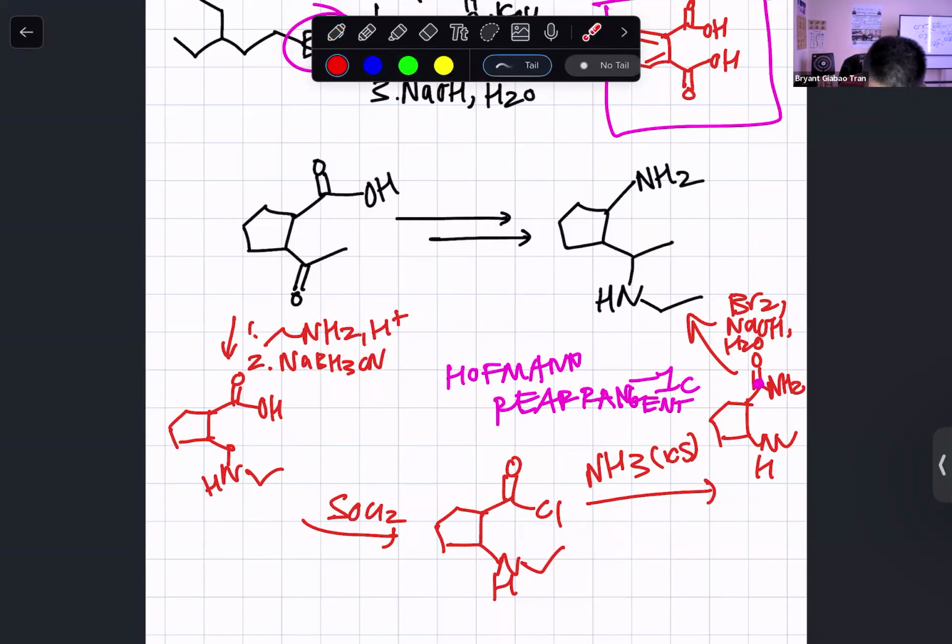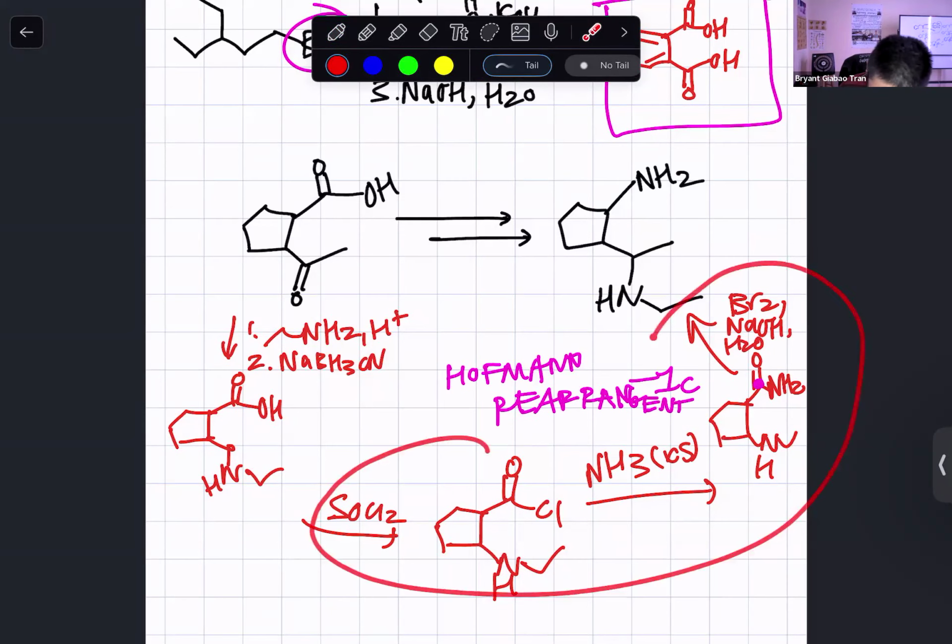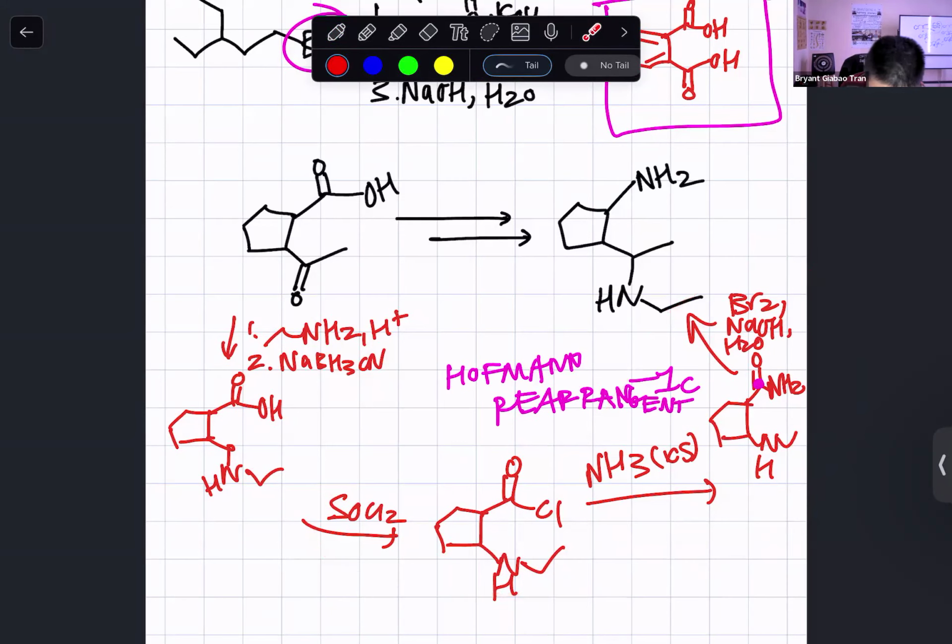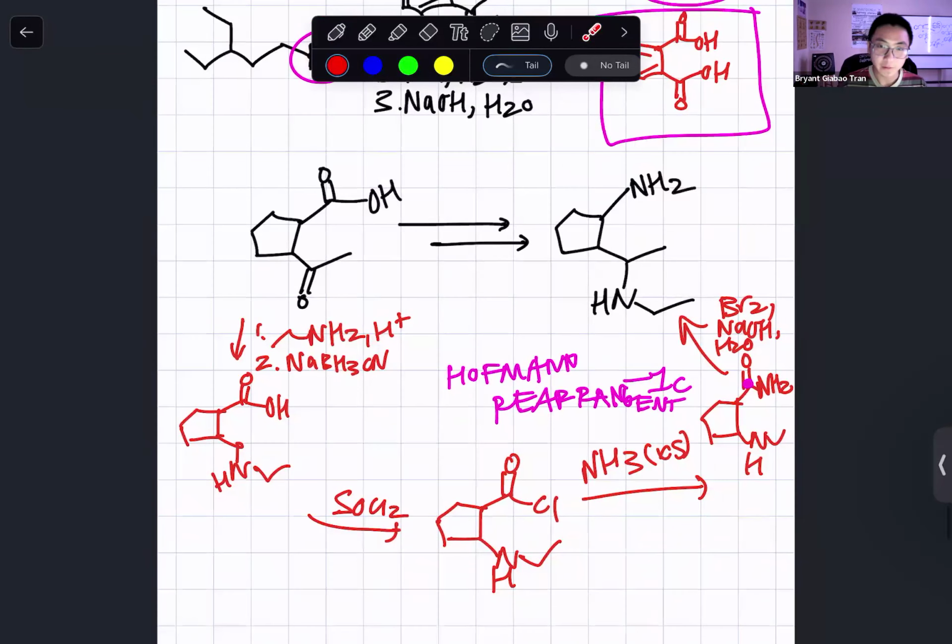Originally, I thought of doing the SOCl2 route first to do the Grignard reagent, because the order matters here, right? It depends on the professor and how picky they are.